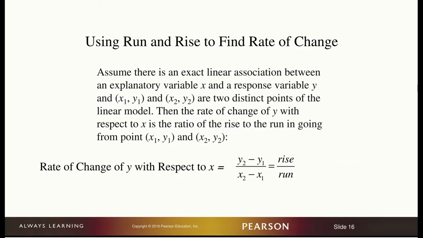So now, in order to tie this in with the concept of slope that we are familiar with from algebra, we'll go ahead and use the notation of the ordered pairs for the pairings of x1 and y1 and x2 and y2, and then we can define the rate of change of y with respect to x as rise over run.